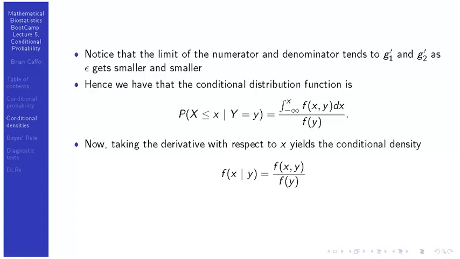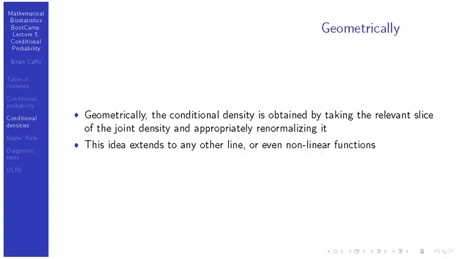And it has a nice parallel with the probability associated with events. And here we've gone through the arguments to show how we get from these statements about events to this definition for mass functions and density functions.